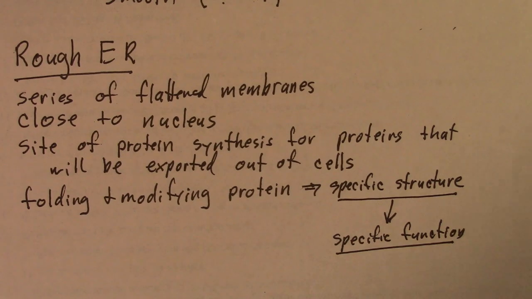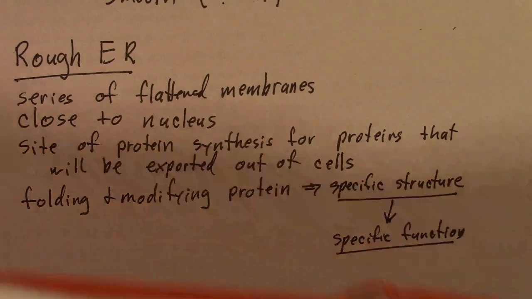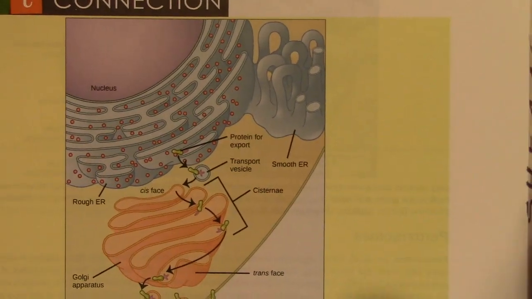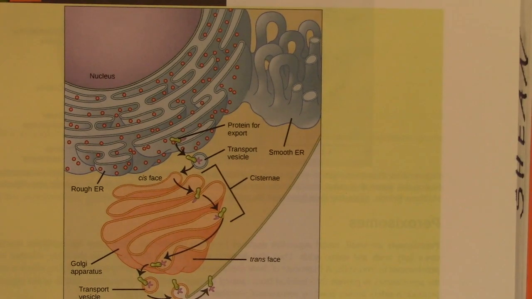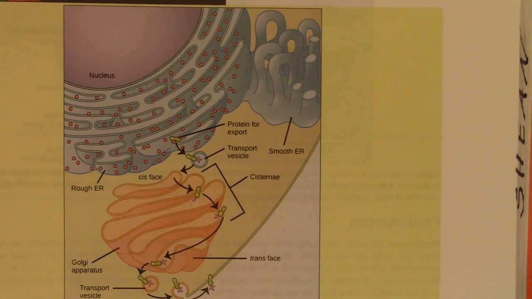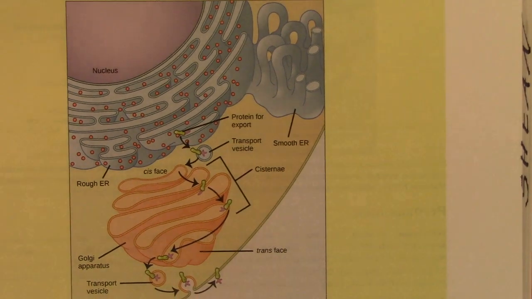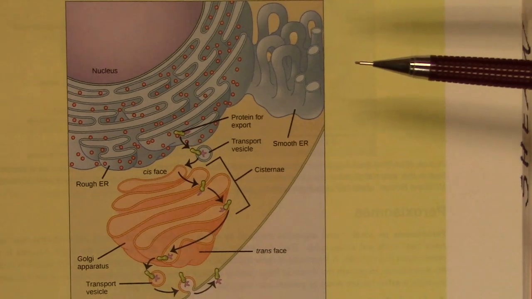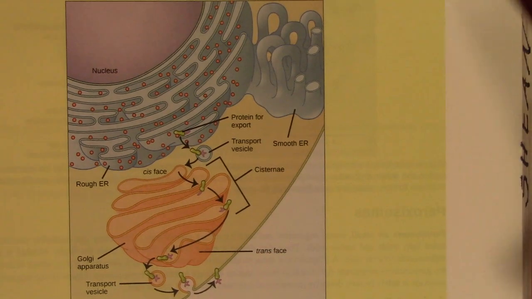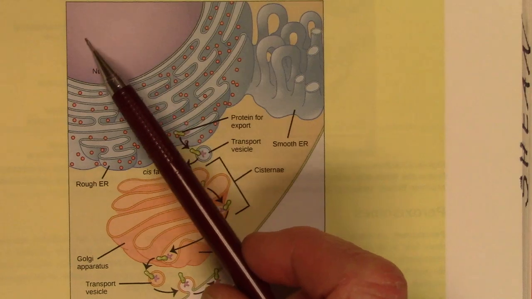So let me find that other picture. And this is what you have in your book. So this is the OpenStax book, and this is the figure, 3.13 on page 67, at least in the edition that I have. So, let's get oriented. There's the nucleus.